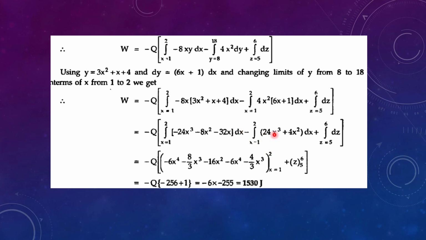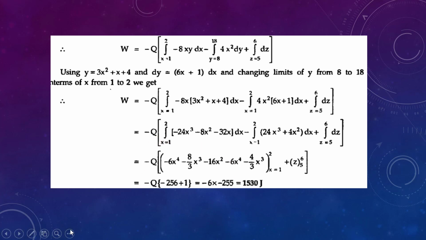And this minus sign will go inside, so it is -4x², and its integration is -4x³/3, right? So all the terms we have to consider, and the limits are 1 to 2, and integration of dz is z, limits are from 5 to 6. After solving all this bracket by putting the limits and putting the value of Q equal to 6 coulomb, you will get the value of work done as 1530 joules.